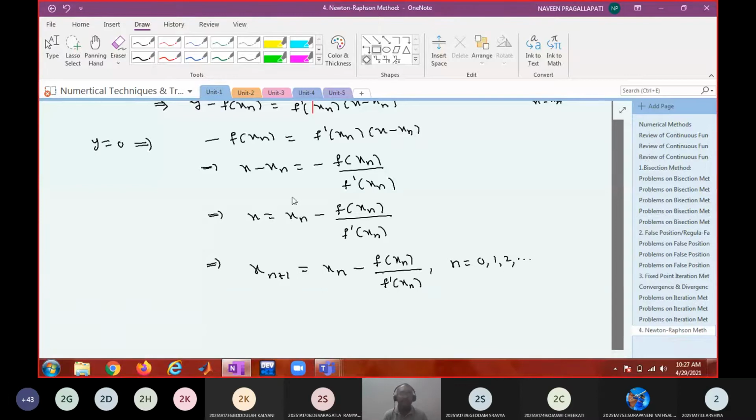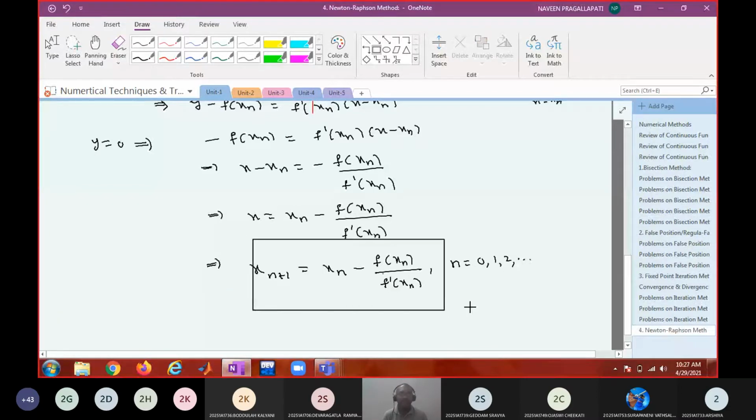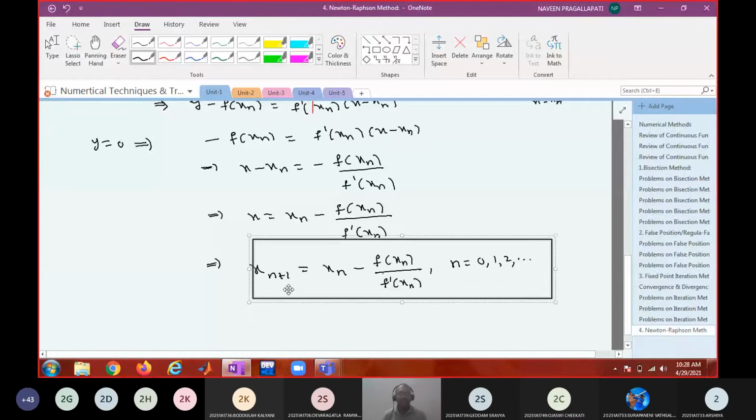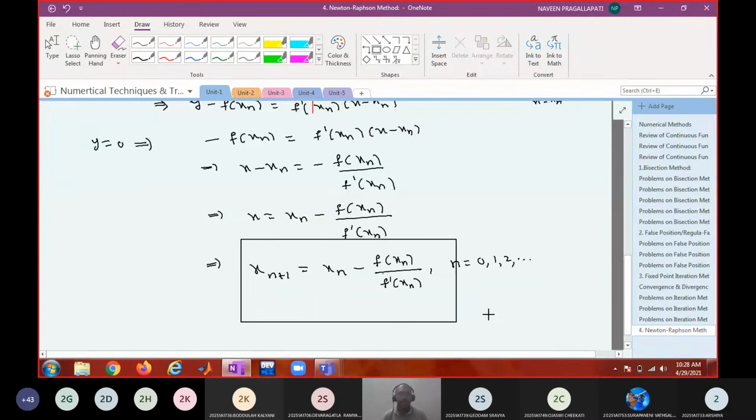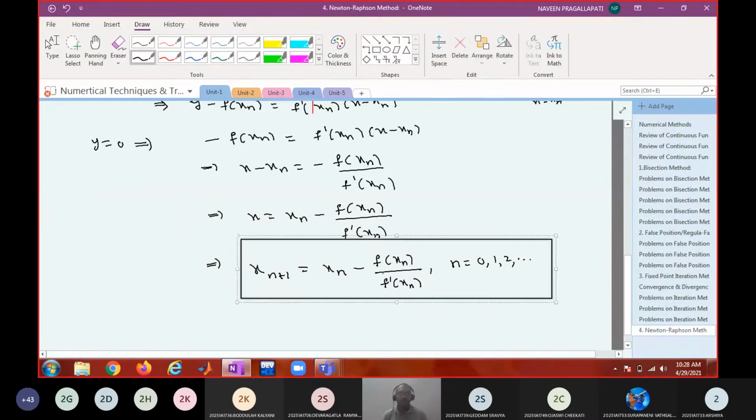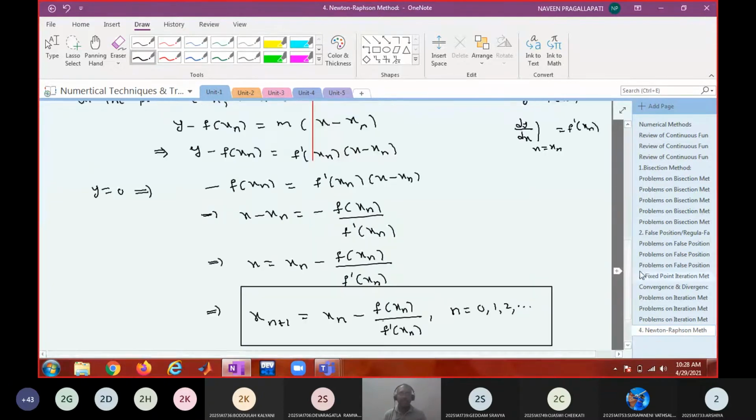So this is the Newton-Raphson formula to find out the sequence of approximations. Note down. So this is the Newton-Raphson iteration formula to find out the sequence of approximations to a real root of the equation.